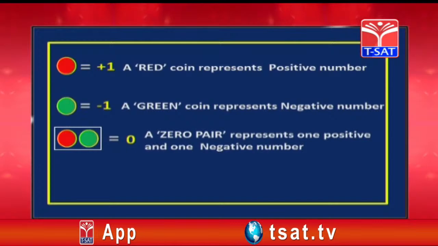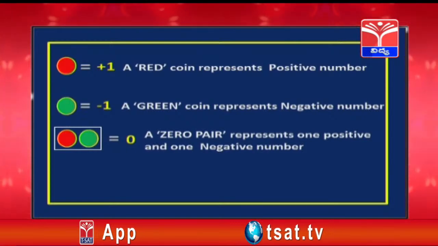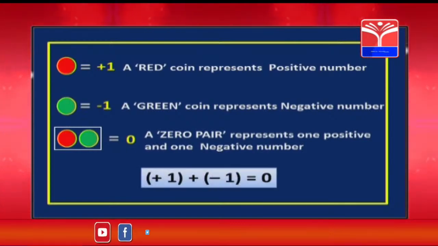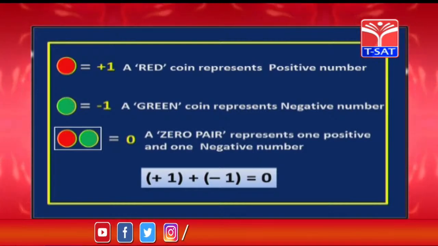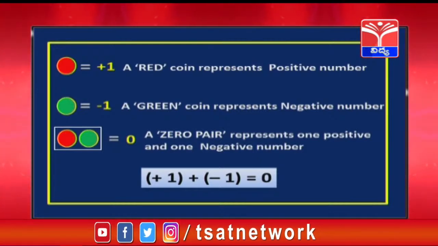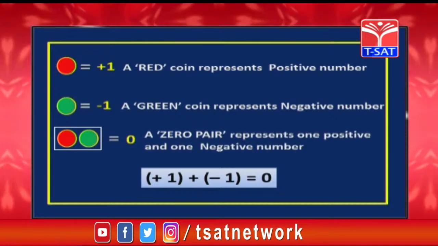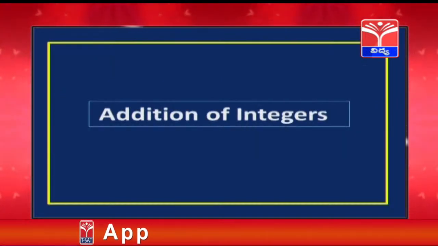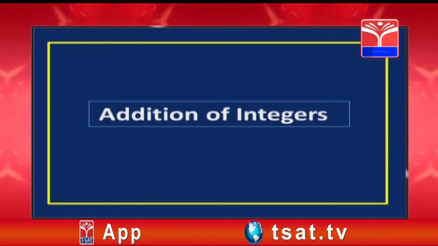A 0 pair represents one positive and one negative number, that is +1 plus -1 is always equal to 0. Okay children, so that we call a 0 pair. Now let us learn about addition of these integers.